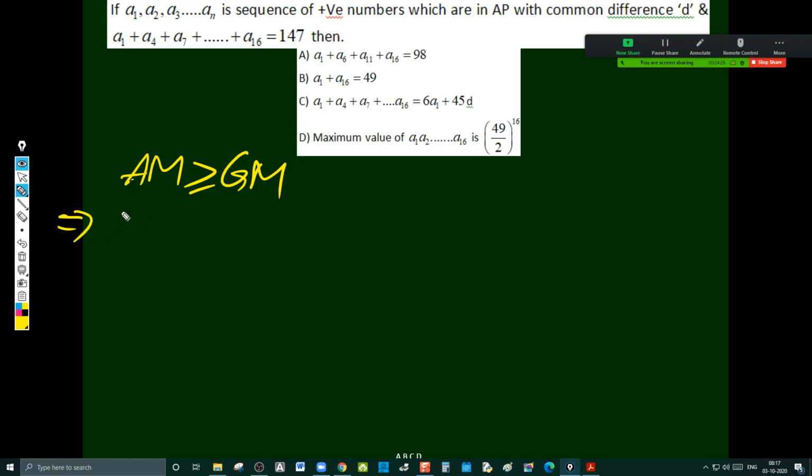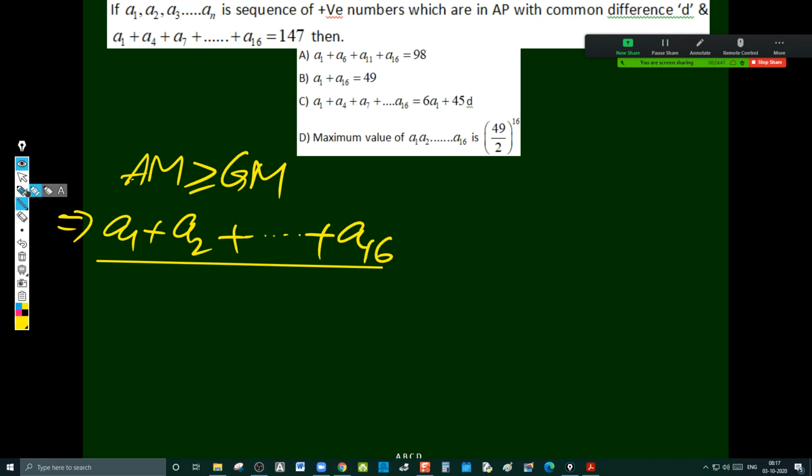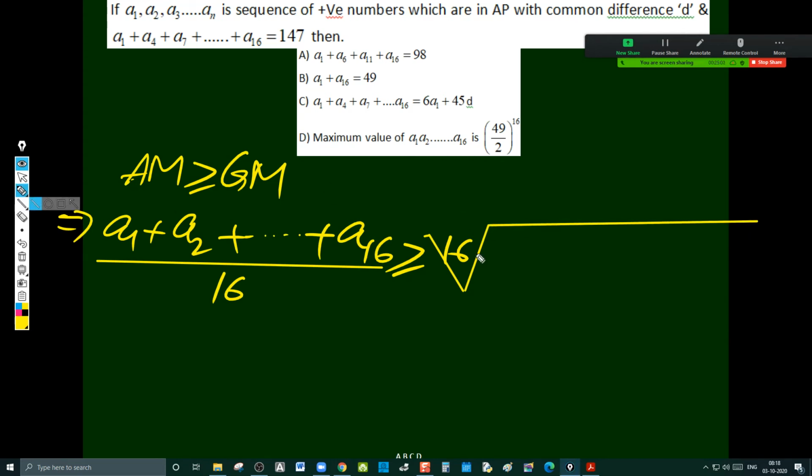Srivardhan is saying that is AM is greater than or equal to GM. So AM of these terms, A1 plus A2 plus and so on plus A16 whole divided by 16 is greater than or equal to the 16th root of the product of all the terms, it is GM, A1, A2, A3 and so on, A16.